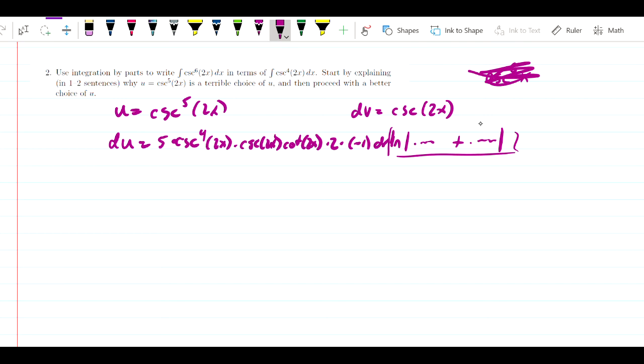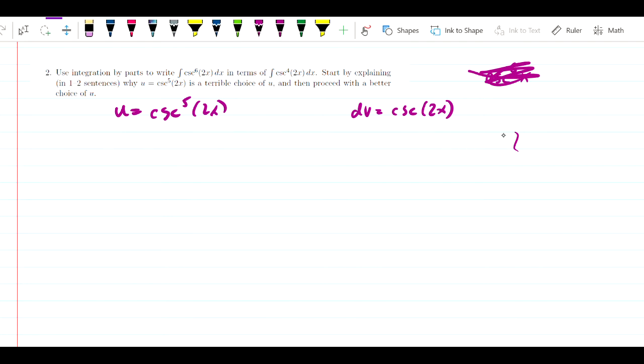So basically you're going to end up with natural log of a sum of two trig functions times 5 times a bunch of other trig functions, and it's just not going to be helpful, because you're going to end up with this u dv that you can't integrate.